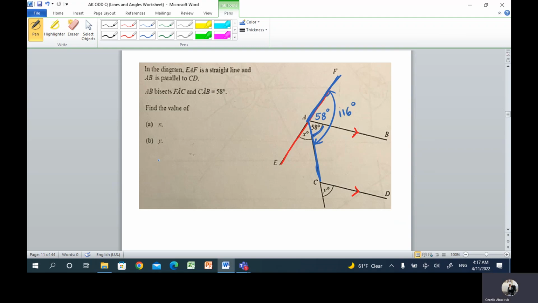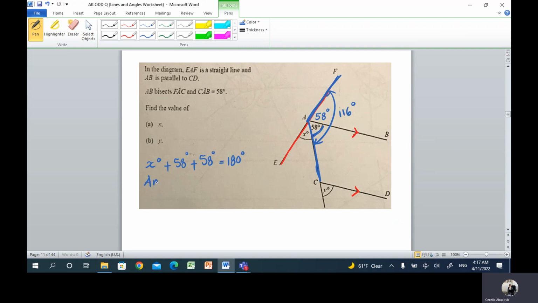Accordingly, can we start with X? X and 116, or X and 58 and 58, they are angles on a straight line. So let's start with the unknown. We will say X plus 58 plus 58 is equal to 180. Why?